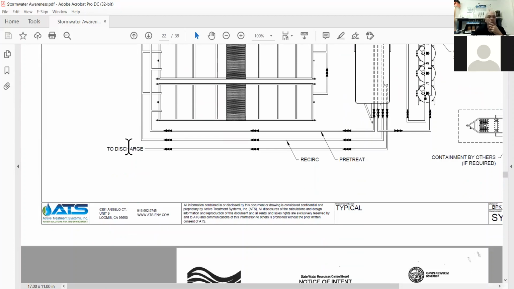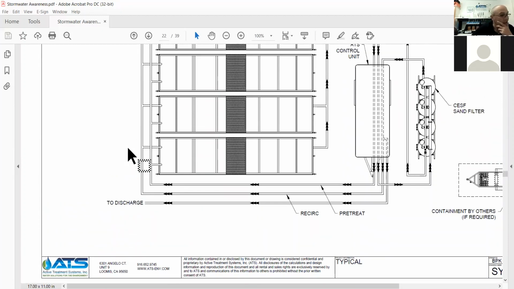How is system size determined? System size is determined by looking at overall project disturbed acreage and the rainfall that will occur at that site in the 10-year, 24-hour rain event. With the amount of rainfall known, available storage must be calculated.